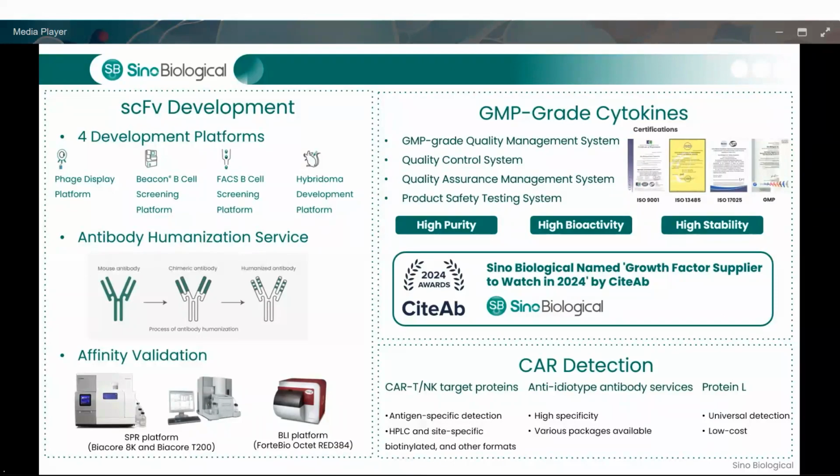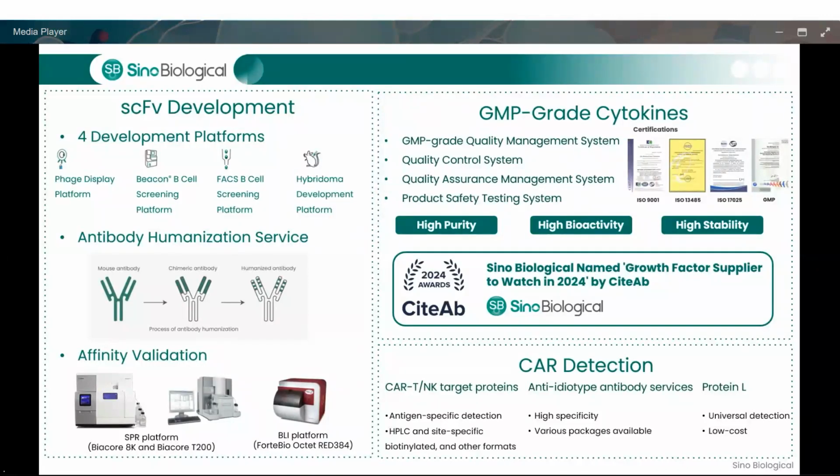Since the scFv sequence of most CAR-T or CAR-NK cells is derived from mice and has certain immunogenicity, the scFv needs to be further humanized. Sino Biological provides high-quality monoclonal antibody humanization services that enable a high degree of successful humanization.